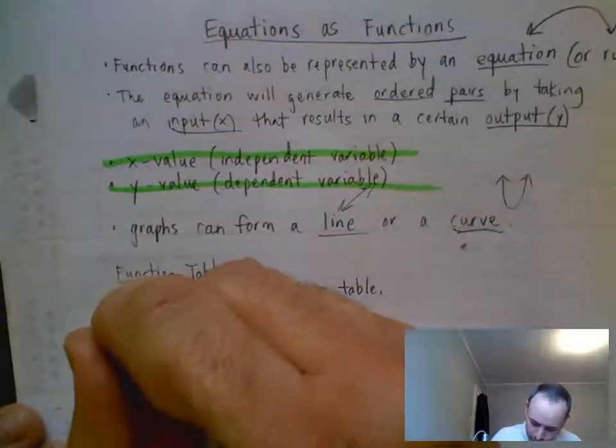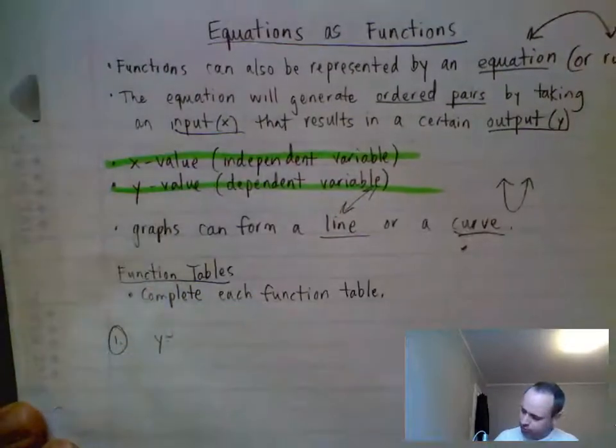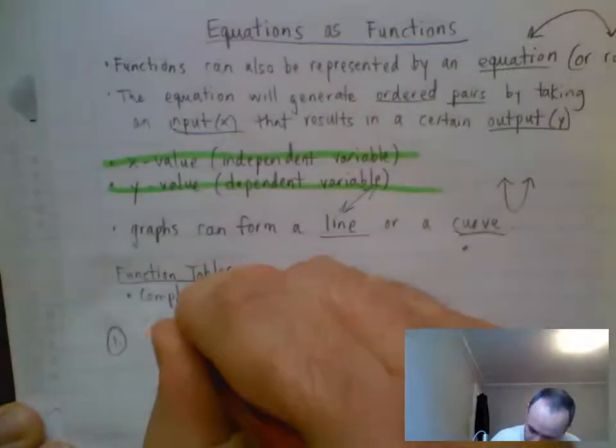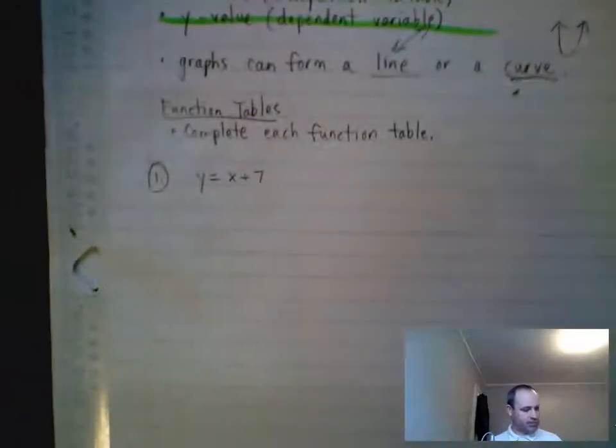So number one, we have y equals x plus 7. Then our table is set up like this.